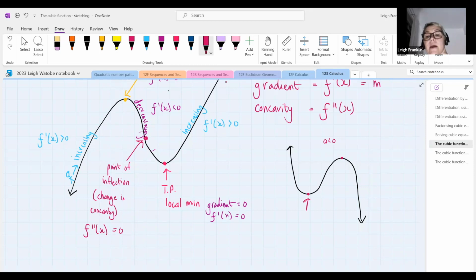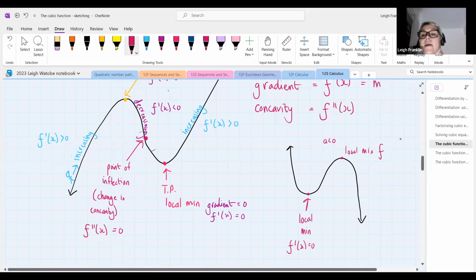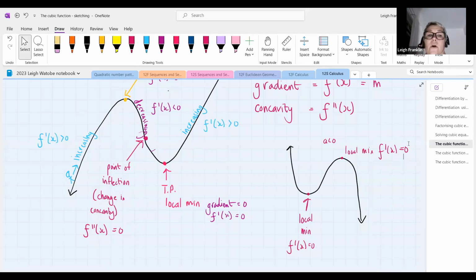So here again, there is your local minimum where your gradient is 0. Here's your local maximum, where again your gradient would be equal to 0. So this would be decreasing, increasing, decreasing. Just the other way around.